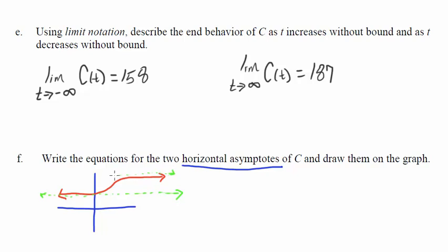So this stuff in green is not actually part of the graph. It's just a line that we would get really, really close to. So for a horizontal line, that would equal a y value. One of these horizontal lines is at 158, and the other one is at 187. So what might not be obvious is an asymptote will not be drawn as part of the graph. It's just to help us understand what the end behavior is doing.